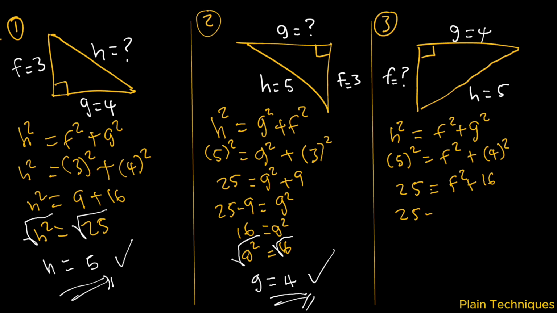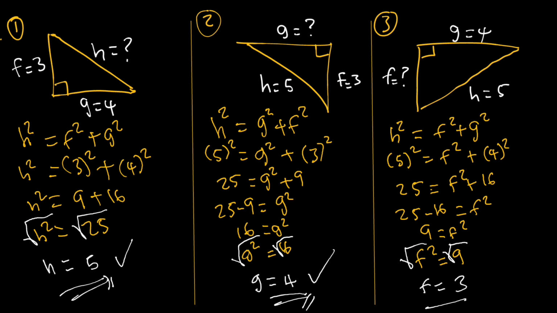So that will be 25 minus 16, which is 9, f squared. So f squared equals 9. I just swap these two, which is the same thing. What I'll do here is put square root. I'll have f, and this side I'll have 3. That means f is equal to 3.